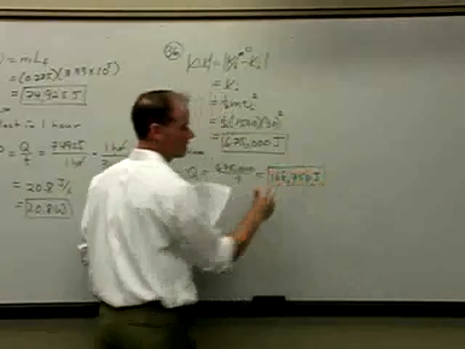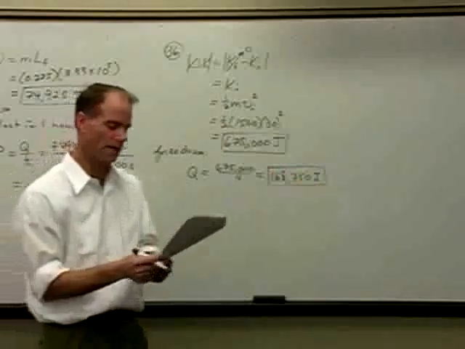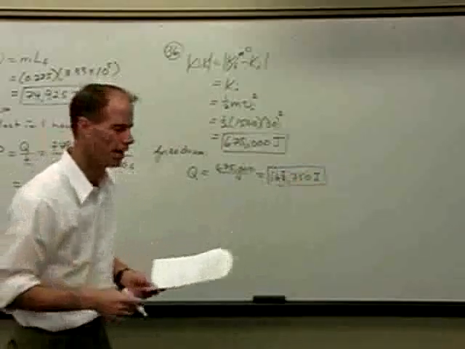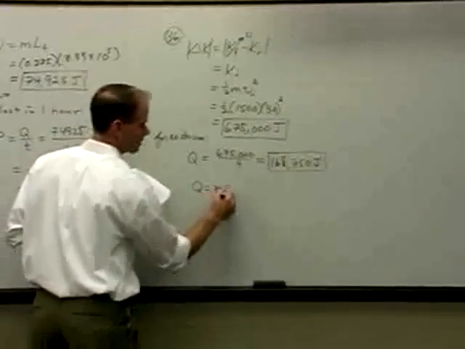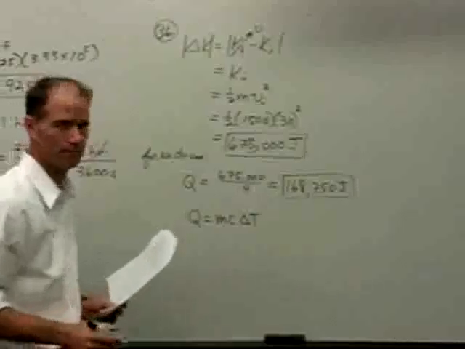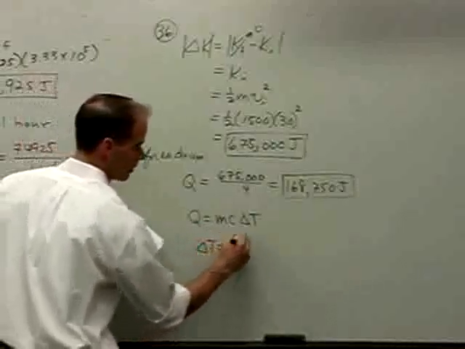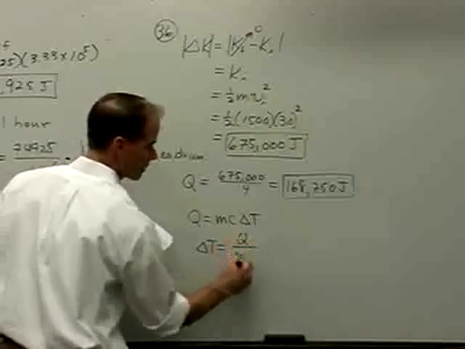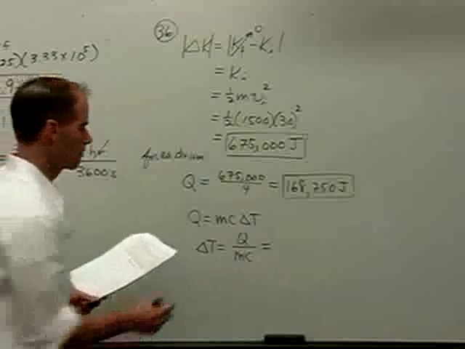So each drum will have to deal with that much energy. And as a result of trying to dissipate that, the drums will heat up. So this heat will also equal the mass times the specific heat times the change in temperature of the drum. And so our change in temperature will equal the heat divided by the mass times the specific heat for the drum.